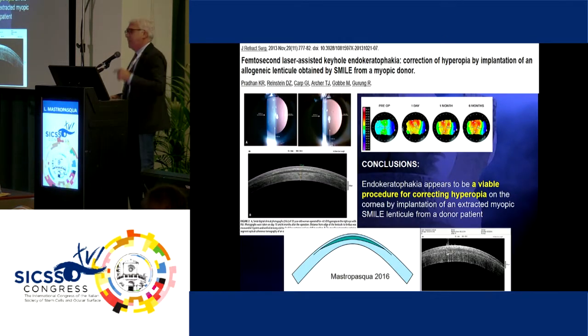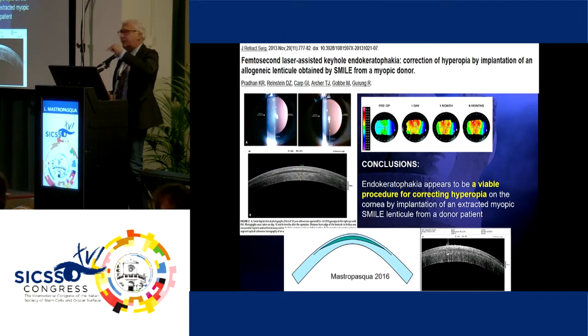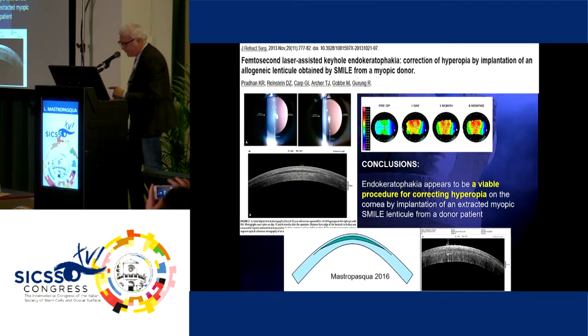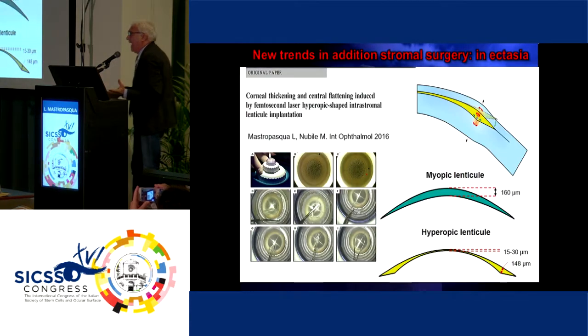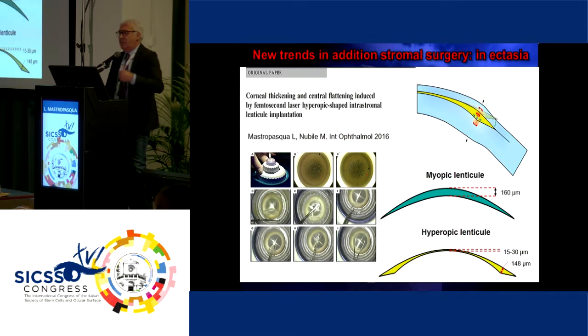You can see here this paper where we implanted this small myopic lenticule to correct hyperopia. But we know that in ectasia, it's useless to put this.